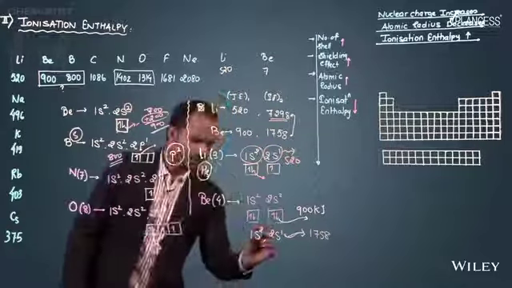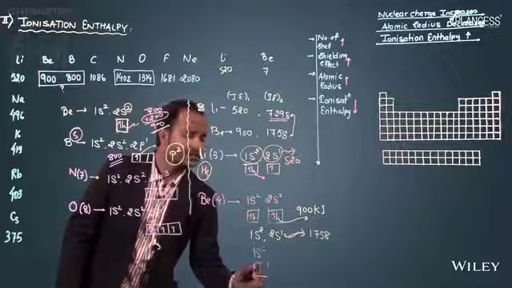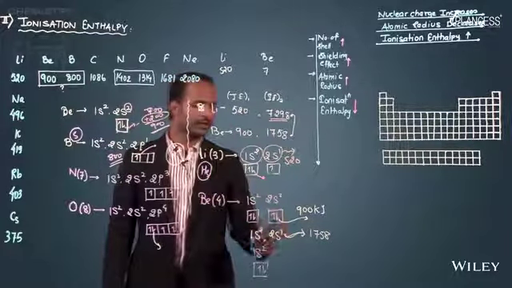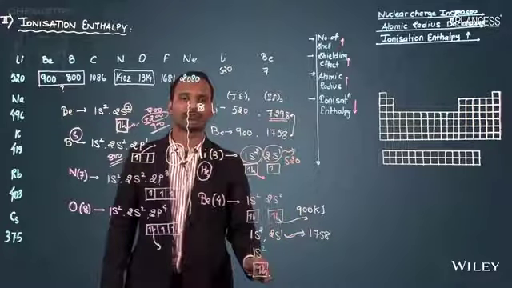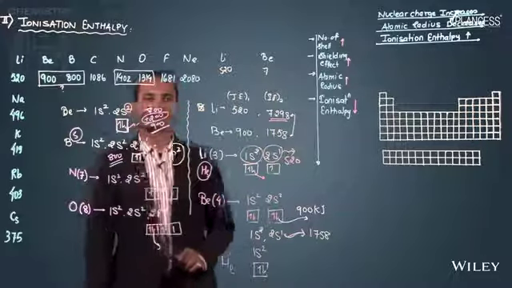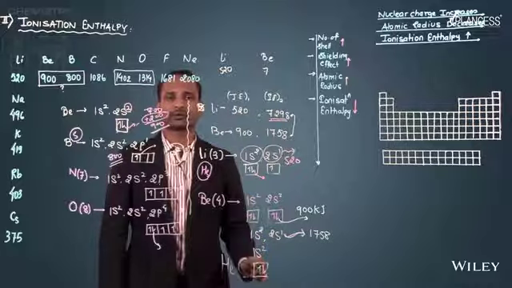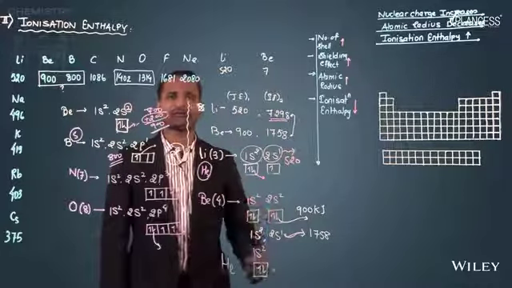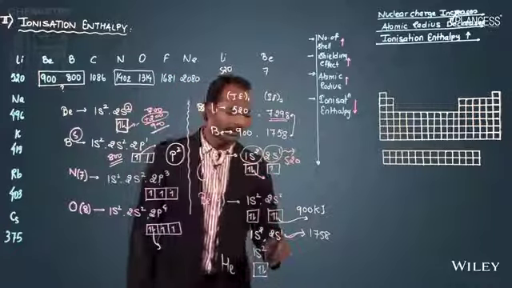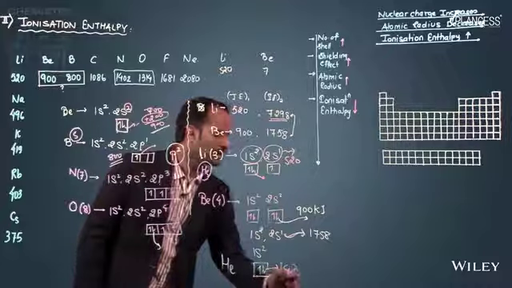After removing this electron, the configuration changes to 1s2. Now if you want to remove the third electron, it will be removed from this 1s2 configuration, which is again like helium, a noble gas configuration. It will not lose this electron easily, so a very high amount of energy is required. For beryllium it has been measured as 14,850.